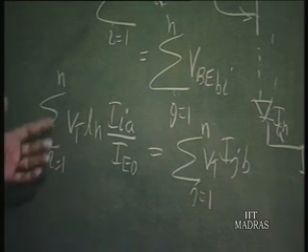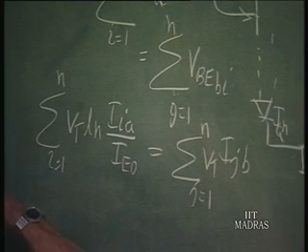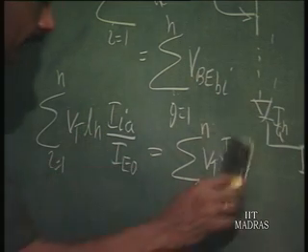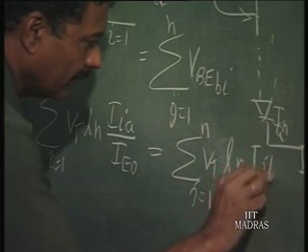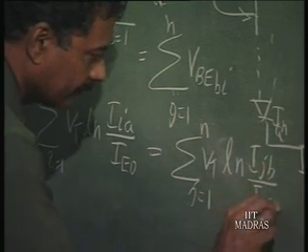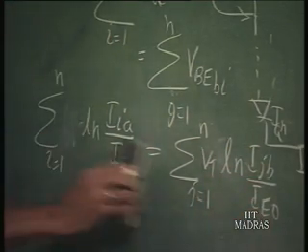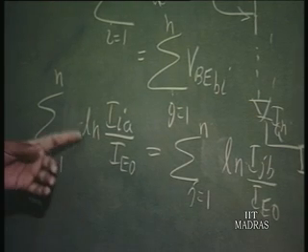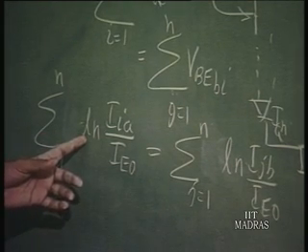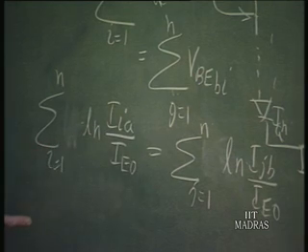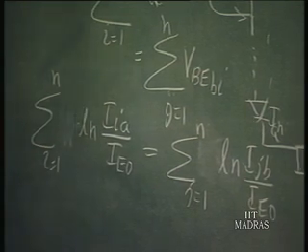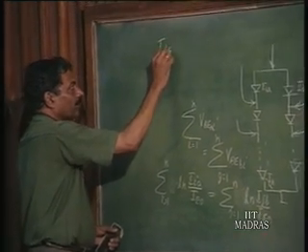So, these Vt's get cancelled. Vt log I_jB by I_E0. These Vt's get cancelled. Logarithm of sum of these products, sum of these logs is equal to log of the product itself.